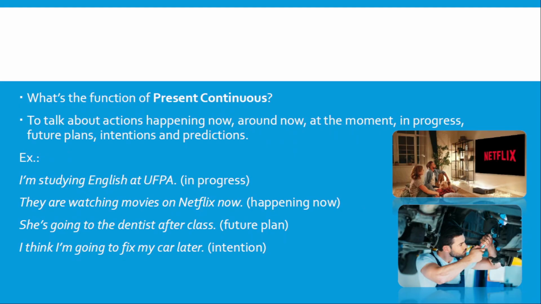We always say the subject plus the verb be in simple present plus the actual verb in gerund form with the ing suffix. That's the structure of the present continuous. So, what's the difference? We use this tense for 2 functions: for actions in progress right now, and for future plans, actions for the future.